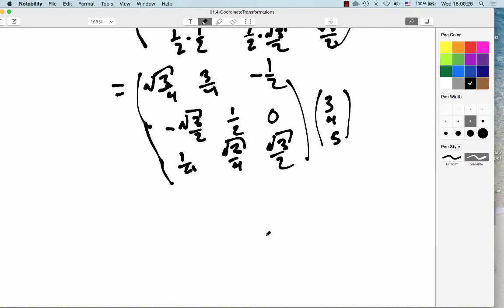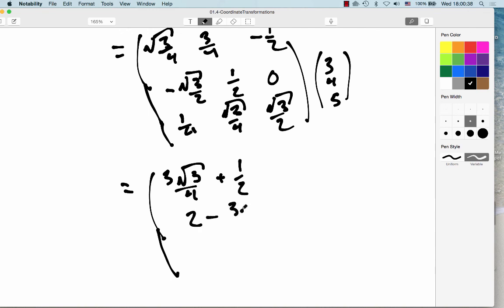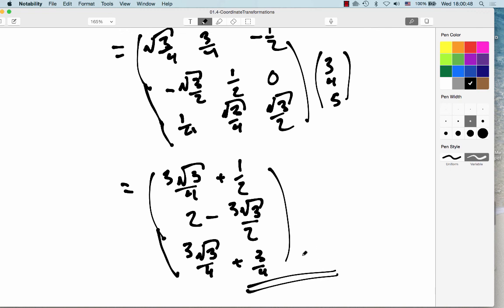And when I grind it all out, you wind up getting 3 root 3 over 4 plus a half, 2 minus 3 root 3 over 2, and 3 root 3 over 4 plus 3/4. Okay.